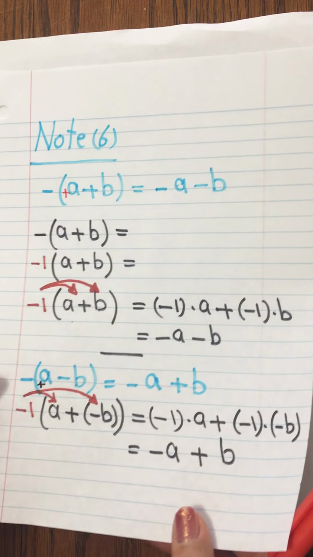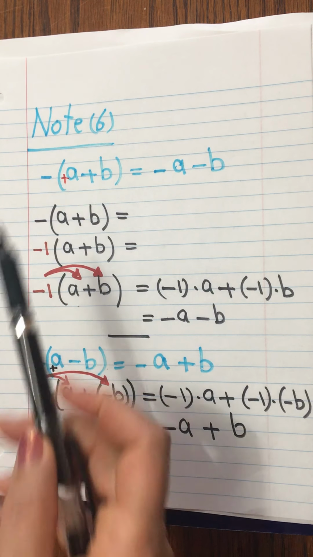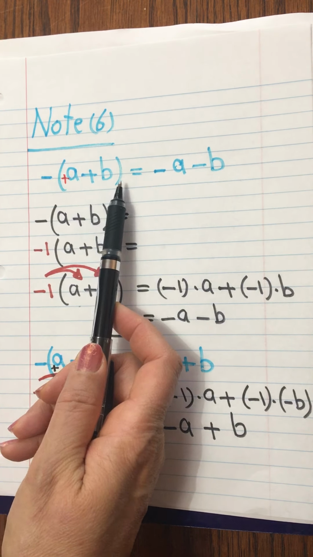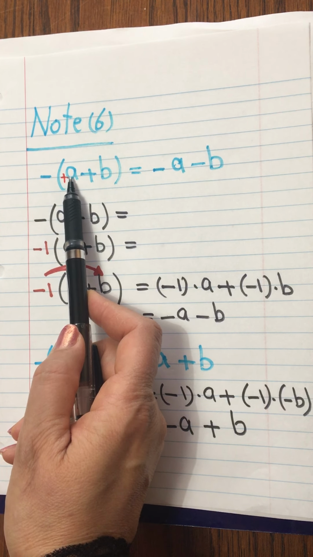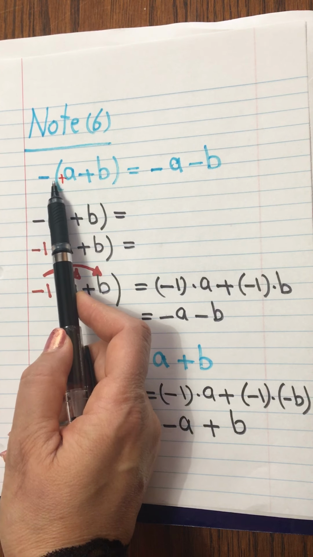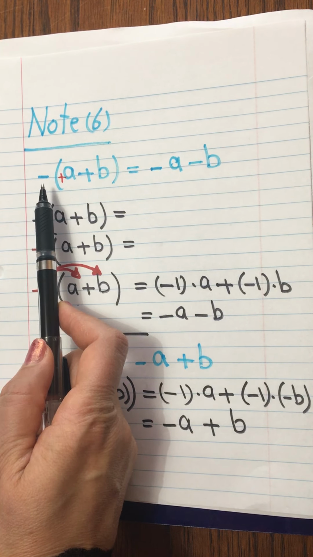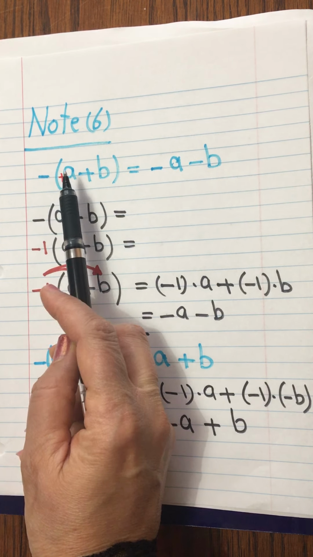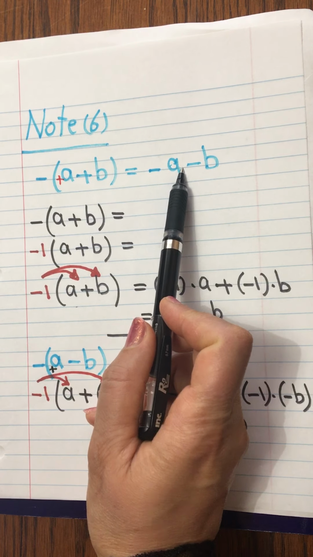Note 6. So right here, if I have a negative before parentheses, a plus b, then the sign for a is positive. If I have a negative before parentheses, this negative is gonna change all the signs for the terms inside parentheses. So positive a is gonna change to negative a.